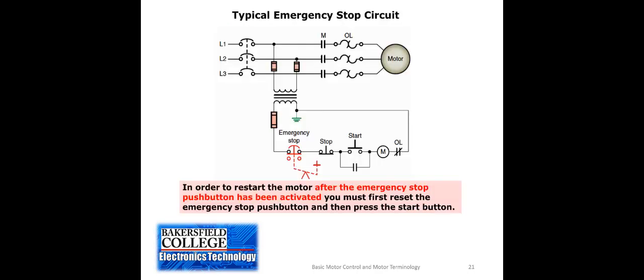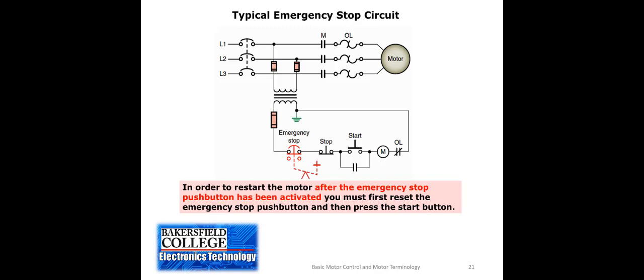Now here's where an emergency stop circuit push button would be placed in the 3-wire control circuit. It's in series with the circuit. Also, it often is in addition to the regular stop button. It has a mushroomed head.